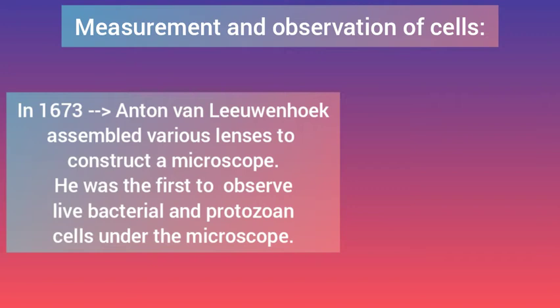Then the stage is there, then the objective lens and tube. These are all the parts of a compound microscope.